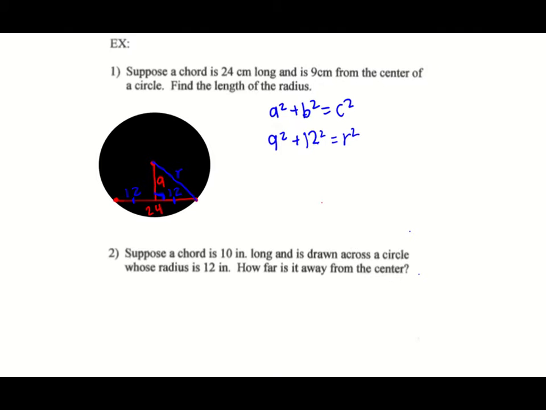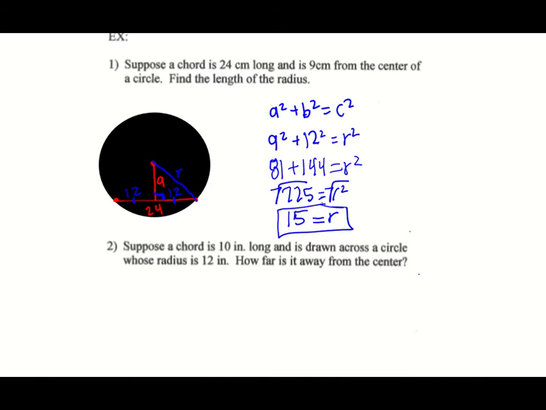So 9 squared gives me 81. 12 squared is 144. 81 plus 144 is 225. Now to get r by itself, I need to take the square root of both sides. The square root of 225 is 15. And that leaves my radius equal to 15. Okay, so the important thing to do in these word problems is to draw out the problem first.